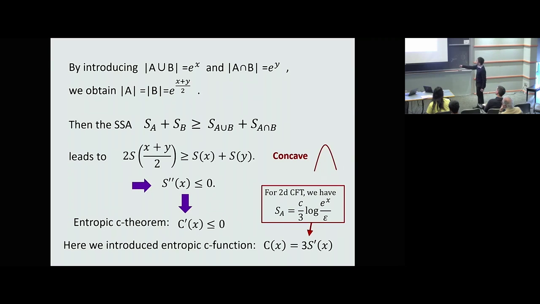So S, the entanglement entropy, satisfies a very simple inequality, and this says that this function is concave, and the second derivative is non-positive. But here we'd like to define some C function. This is called the entropic C function because it's defined from entropy.